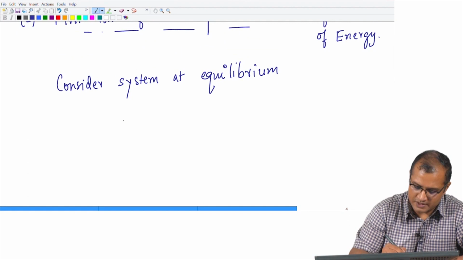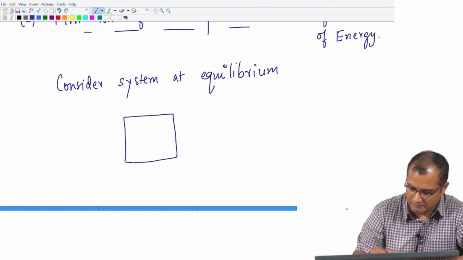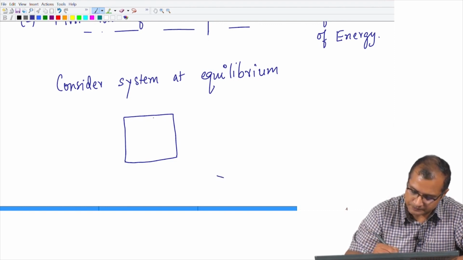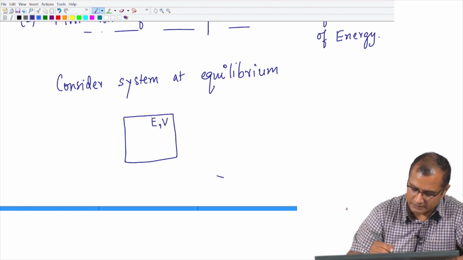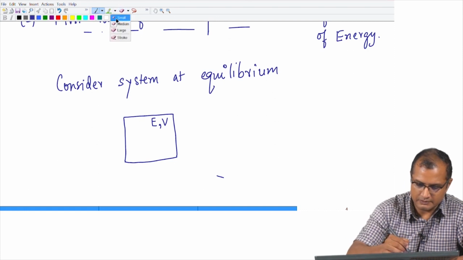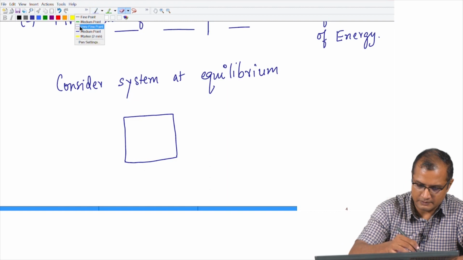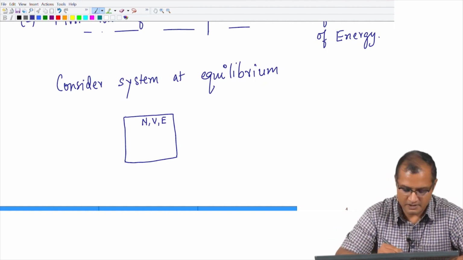This is a system having some energy E, some volume, and some number of particles, and the system is at equilibrium.